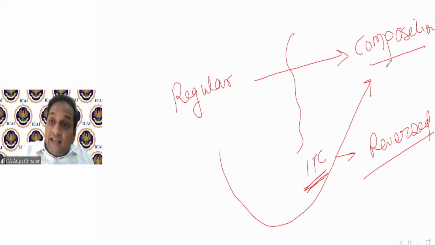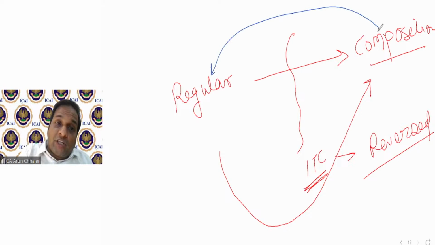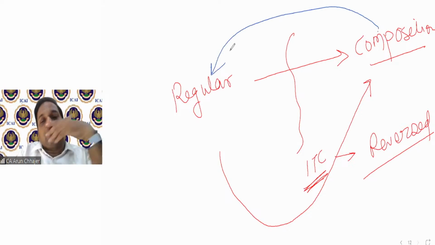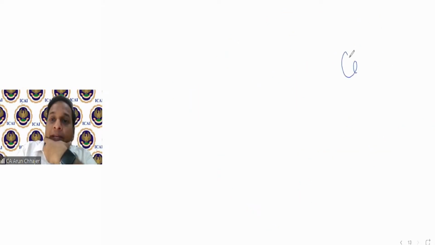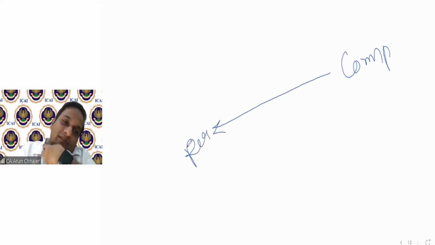Now, let's say you are converting from composition to regular. You are opting out from composition and going to the regular category.